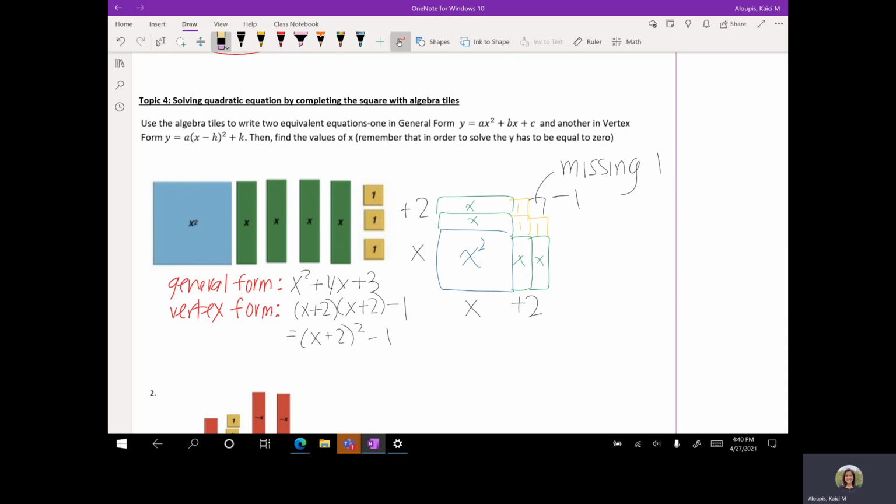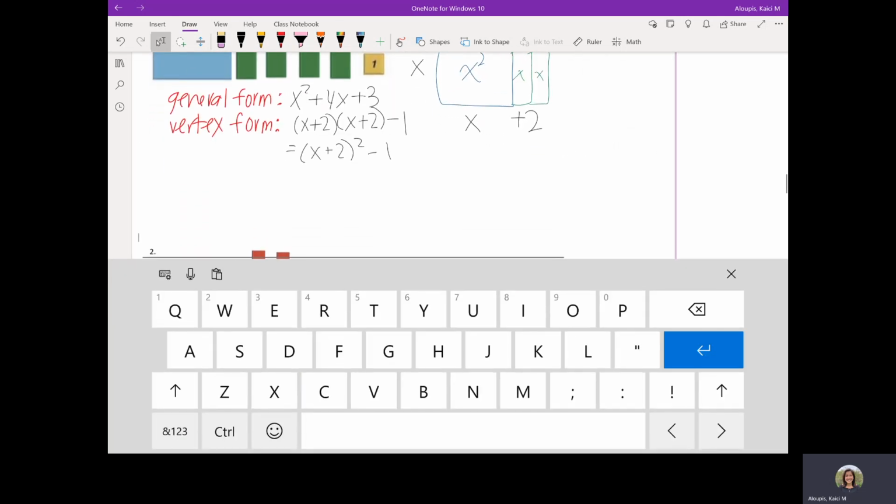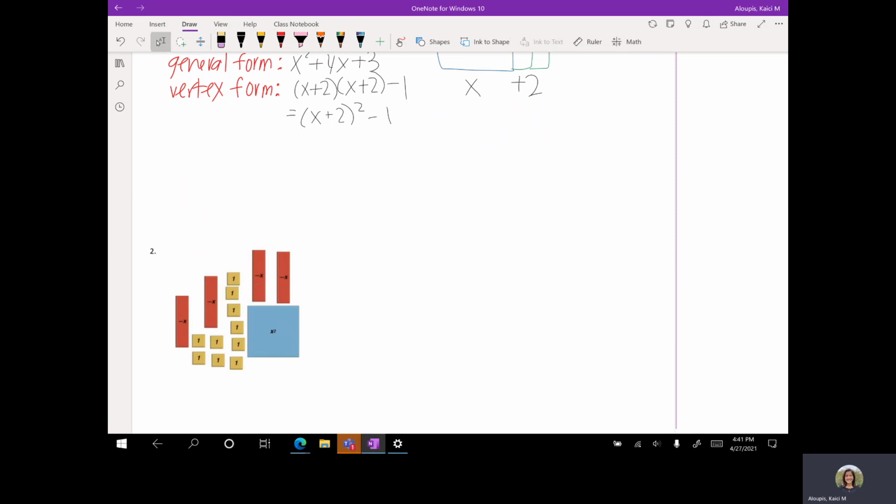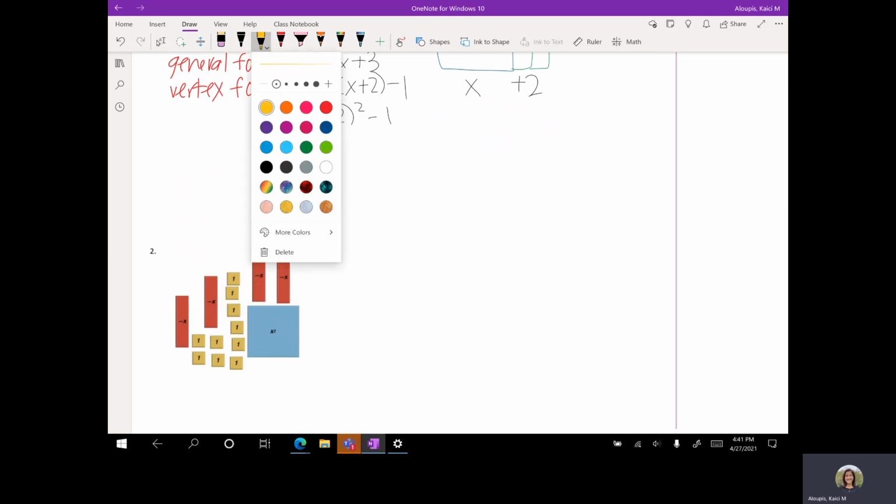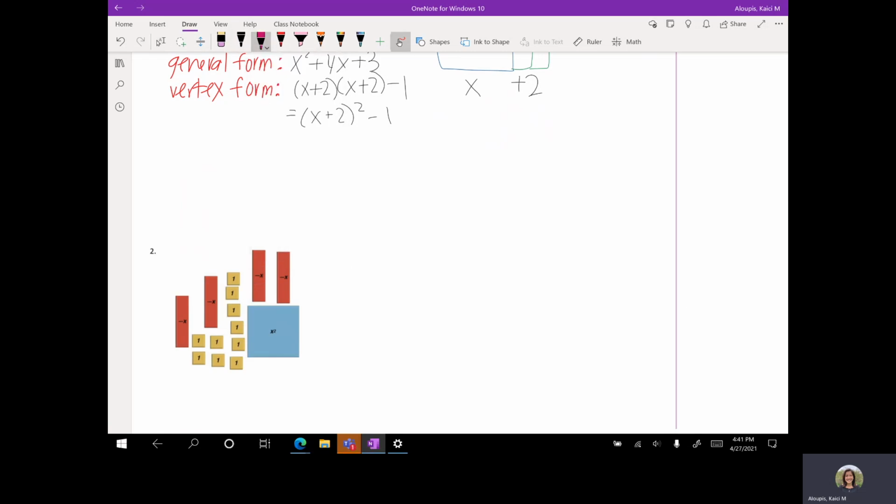Last but not least is to find the value of x. To find the value of x, and we just practiced this skill, I'll move this a little bit down, we have to set this equal to 0. So I'm going to say x plus 2 squared minus 1 is equal to 0.